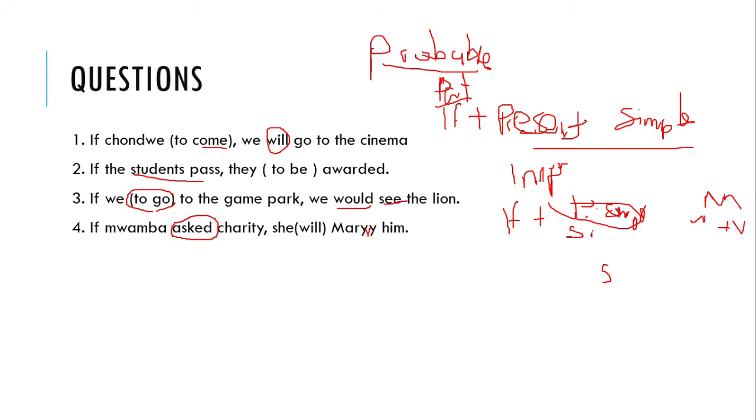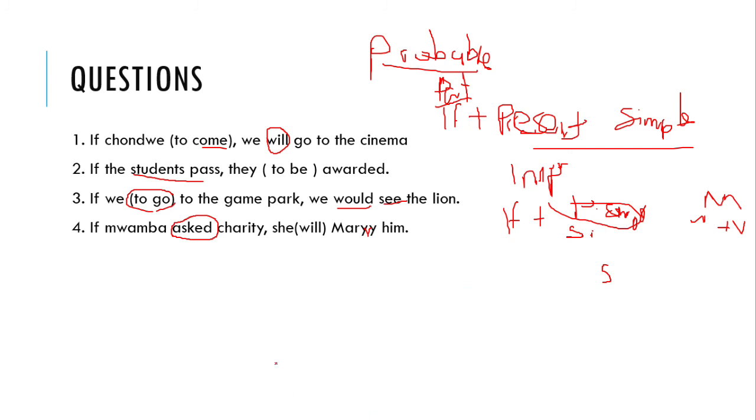What do we have in the main clause? In the main clause, we should have would plus the verb. Okay. So this one should change to would. Simple, students. Very simple. English is very simple. The problem is that we always want to pronounce it correctly according to what we think or how we feel, okay, this is sounding correct to me.